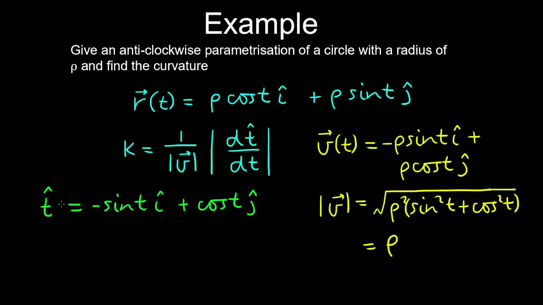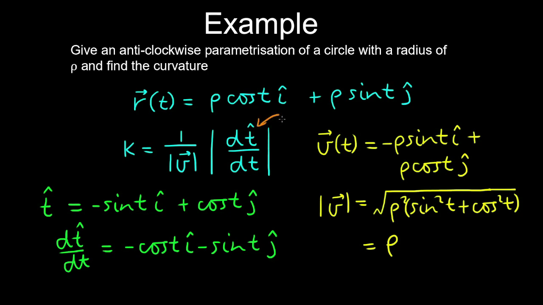And differentiating the tangent vector function, we get minus cosine t in the i direction minus sine t in the j direction. And therefore the magnitude of this vector is 1. And the magnitude of v we obtained as ρ. So the curvature is 1 over the radius of the circle.